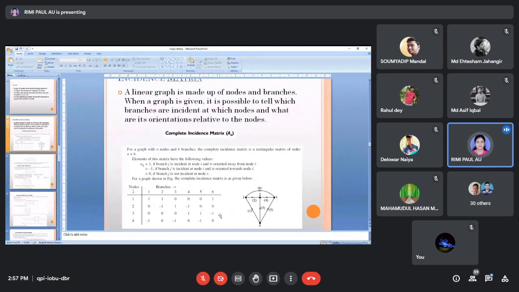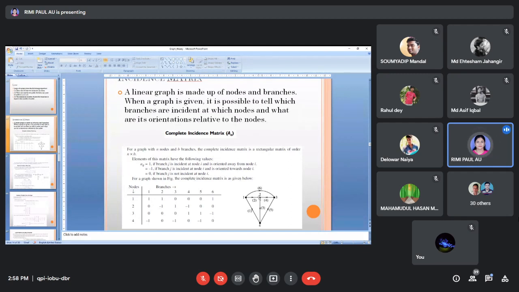Next, which direction is the current going from node 1? From node 1, all currents are outgoing, away from this node. If it is away from the node, we take positive; if it is towards the node, we take -1. Or if a branch is not incident to this node, then it is taken as 0. So branches 1, 2, 6 are positive, and we can write it here.